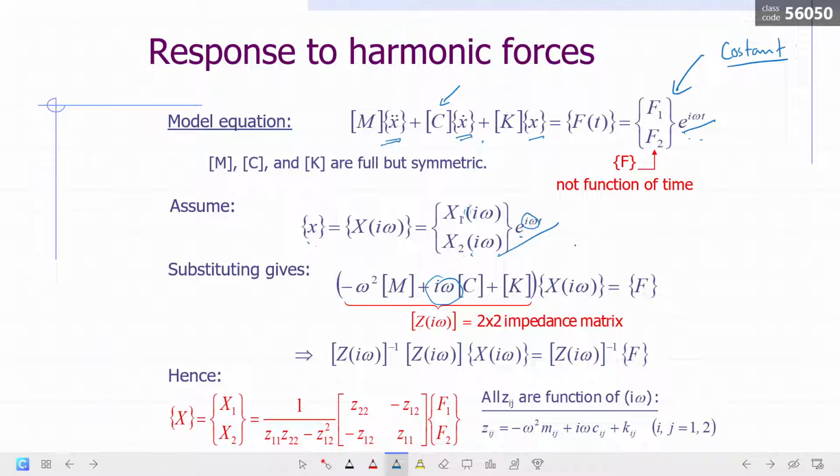So i omega times i omega, you have i squared, which is minus 1, and then omega squared. That's why you have minus omega squared here. Then you have this equation.